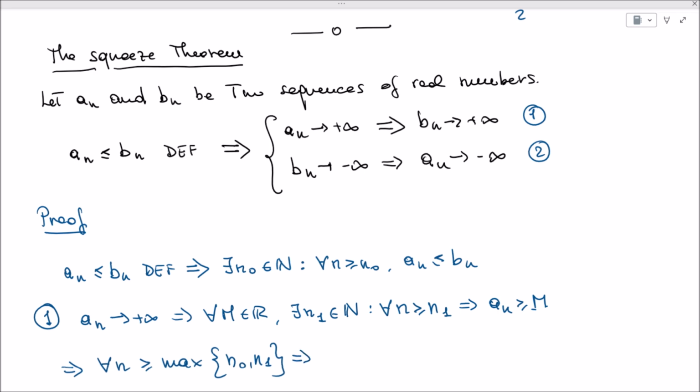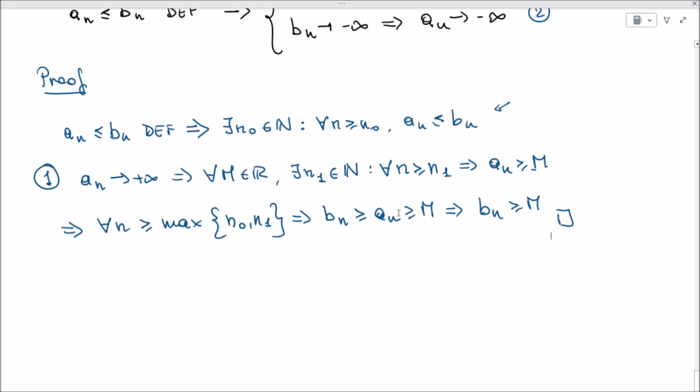So it must be that bn will be larger than or equal to an, and we are just using the first statement. But we can also use the second statement, namely the fact that an is going to be larger than m, which in turn implies that bn is larger than or equal to m. But this is just like saying that bn goes to plus infinity. So we have proved the first part of the theorem.